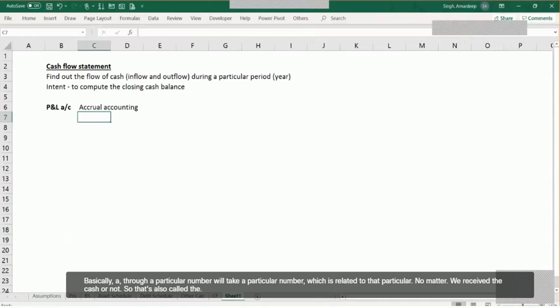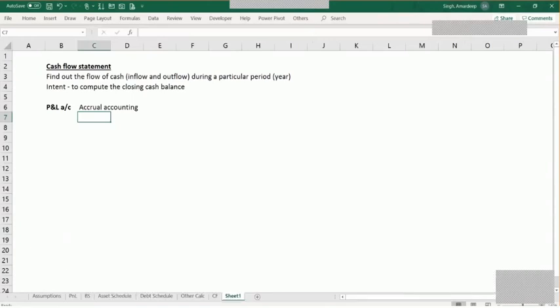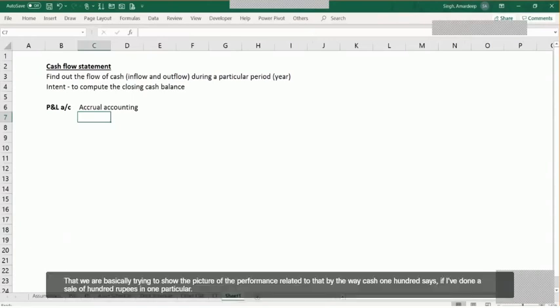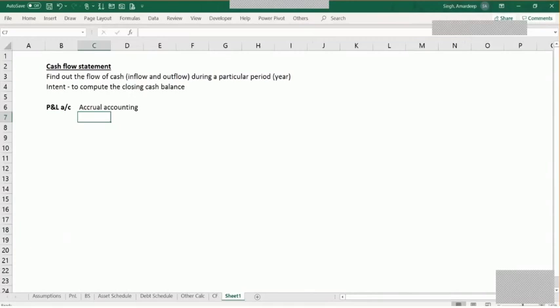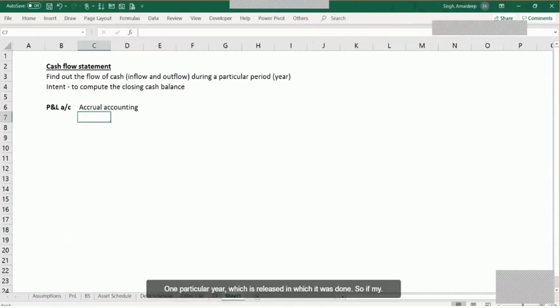That's also called mercantile accounting: we are trying to show the picture of the performance related to that year. Whether we have received cash or not is a separate point. If I've done a sale of 100 rupees in one particular year, I would take that in the year in which it was done.